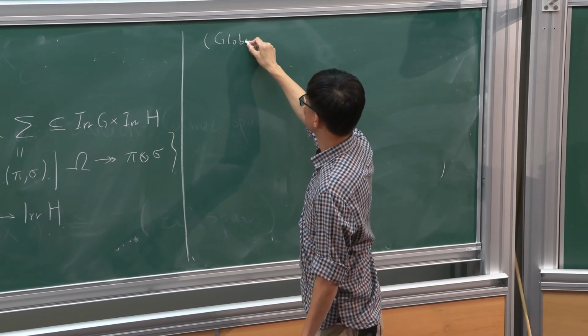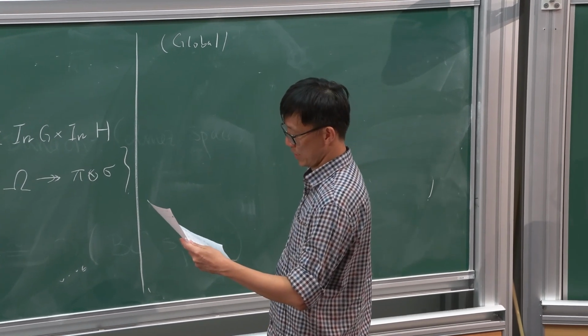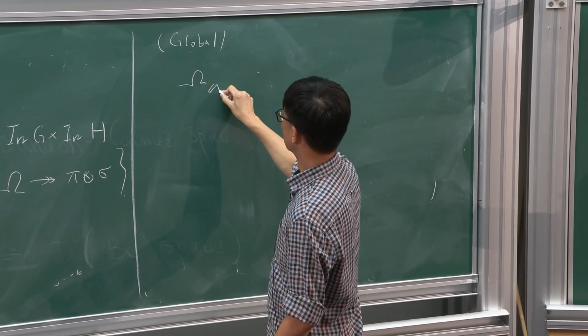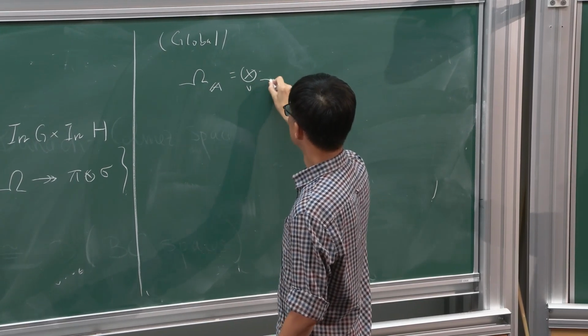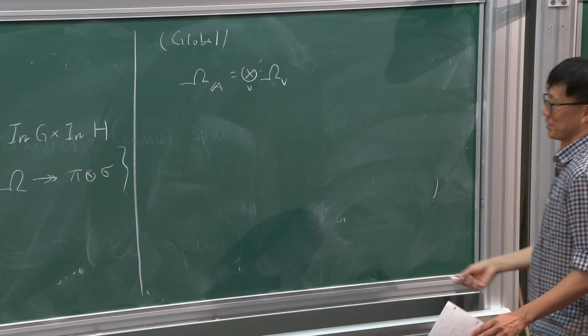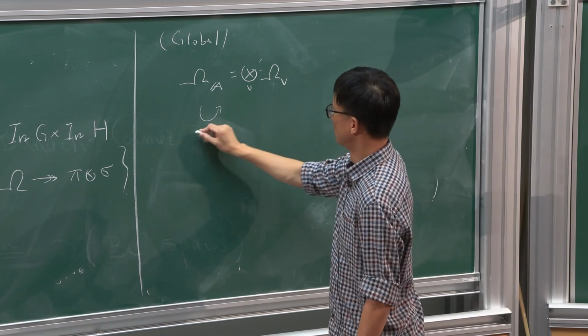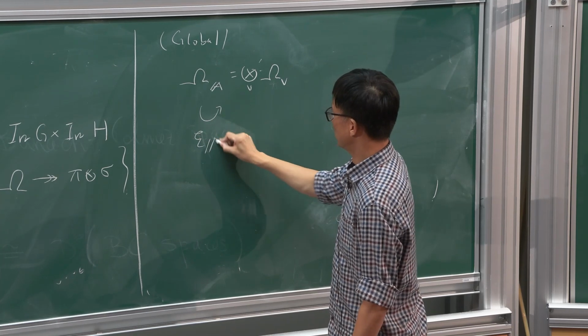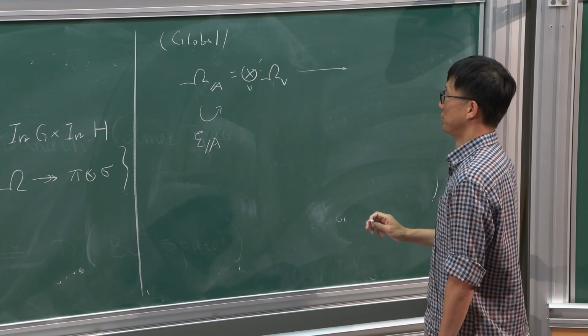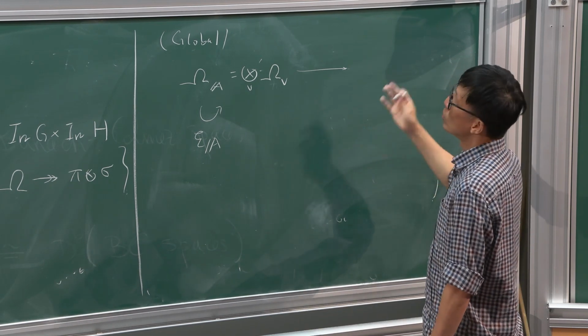So in the global setting, what you want to say is, let's say you have this setting at every place, then you can of course define an adelic representation of the adelic group. And then what you would like is to have an automorphic realization.